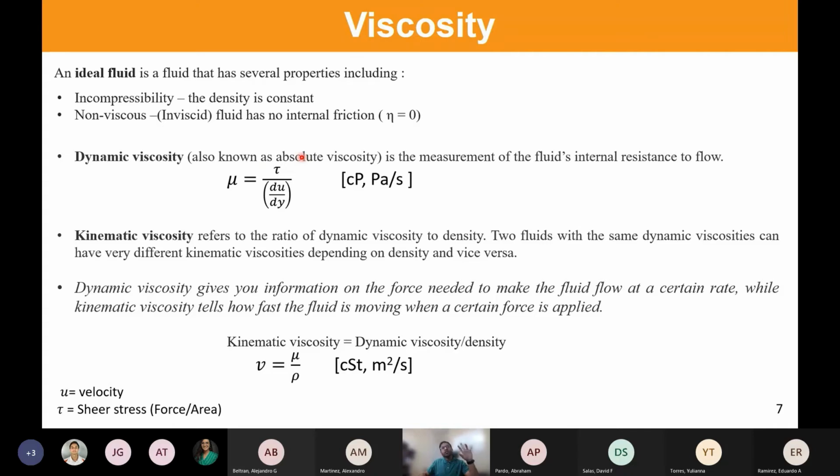Now let's say I'm telling you, hey, this much force I can give you. So what's the rate I can get? Now this is where you face some trouble, because you all know that force is equal to mass multiplied with acceleration, and acceleration is a function of velocity.